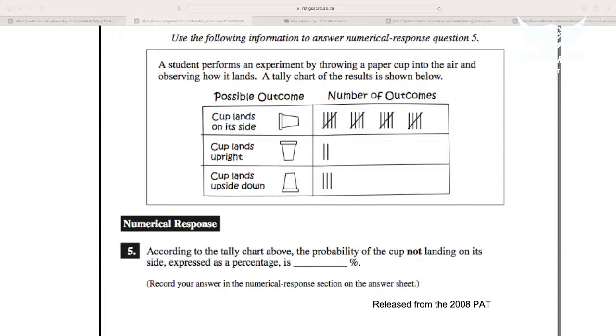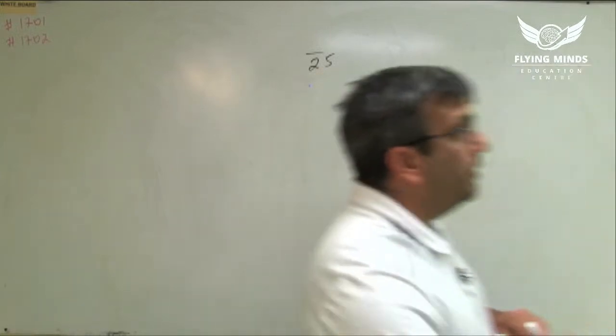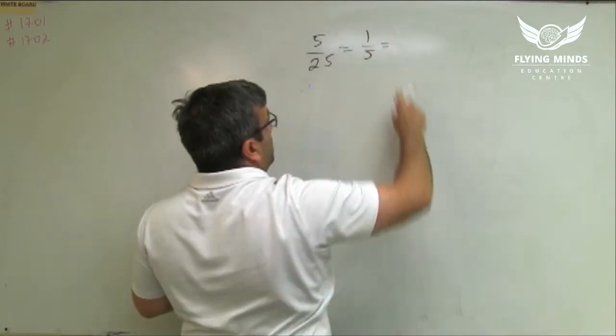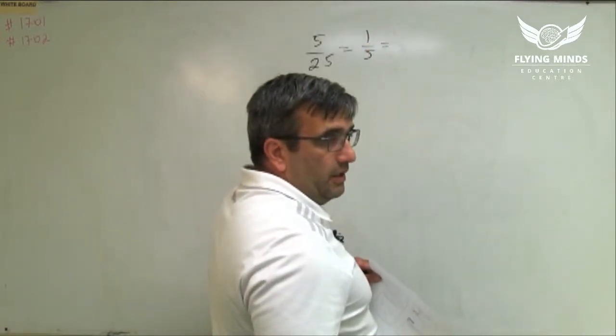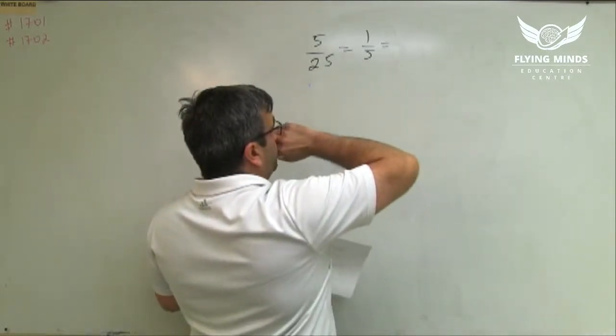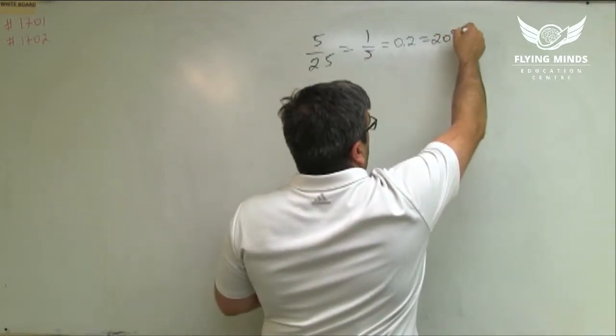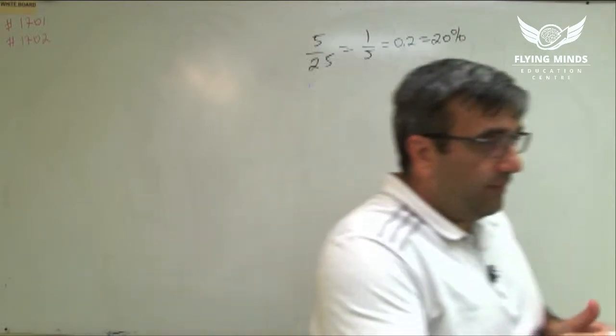And how many times did the cup not land on its side? 5. So 2 times it landed on the bottom and 3 times upside down. So the probability will be 5 out of 25, which is 1 out of 5, or 0.2, or 20%. Okay, good.